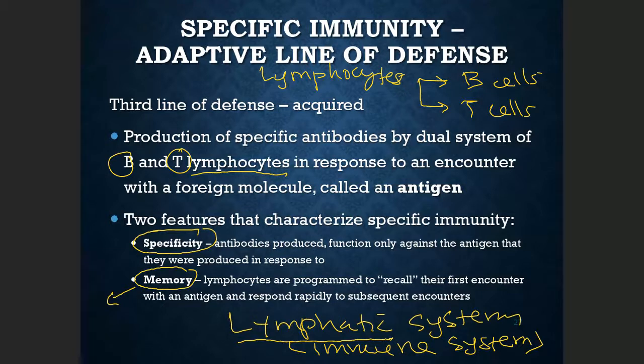So we become immune to that specific disease. This is the specialty of the third line of defense, the B and T cells: they not only fight against a specific infection but also produce immunity.